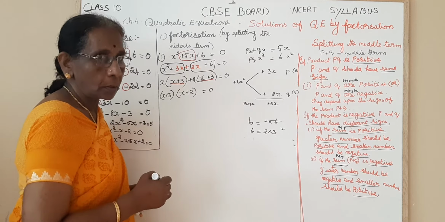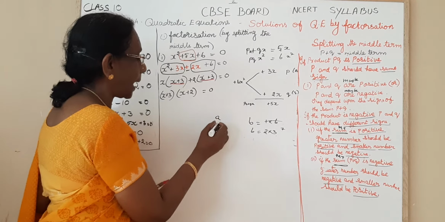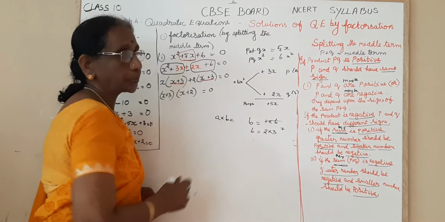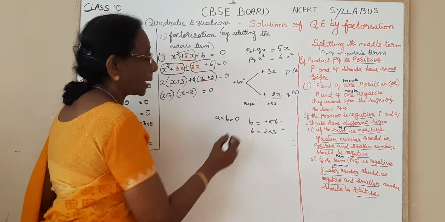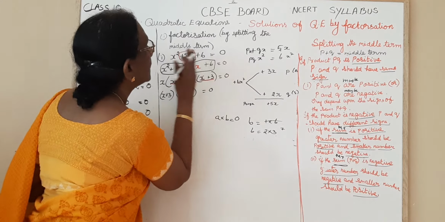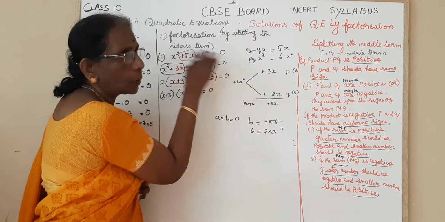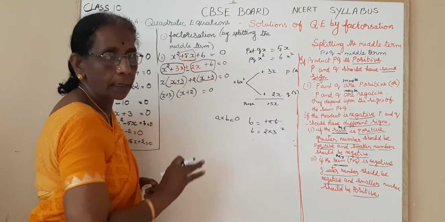Now when you are multiplying two numbers, let us take A and B, and we have to get the product as 0. Here the left hand side is a quadratic polynomial. Right hand side is 0. Both are connected by equal sign to get the quadratic equation.